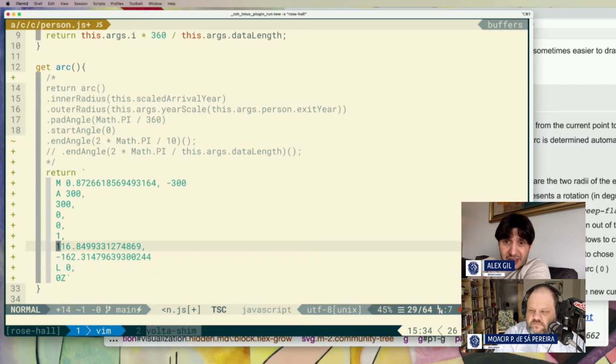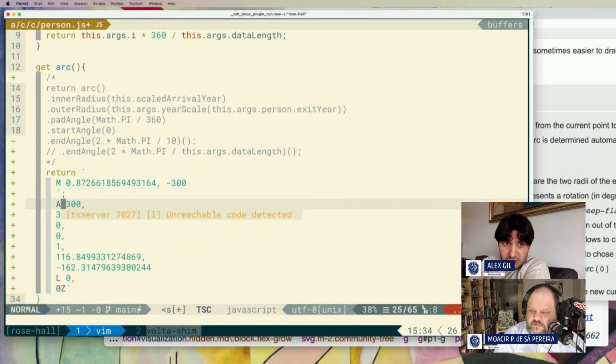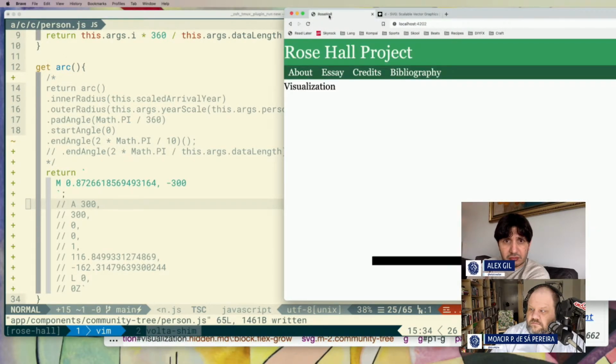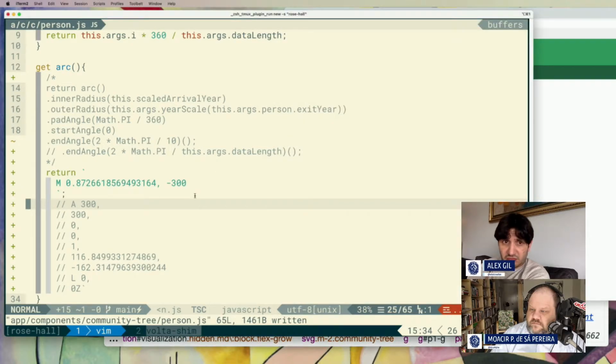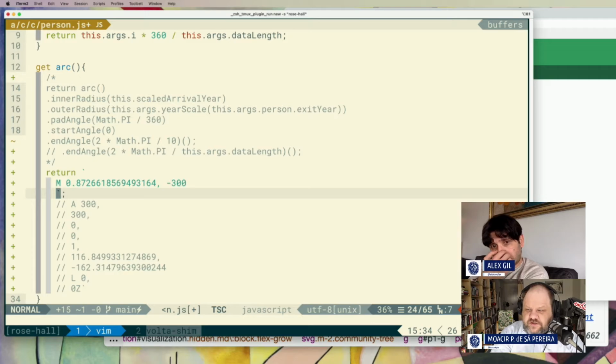Yeah, just comment everything else just to see if the M is just doing something. It's not? No. Okay. All right. I understand my little conceptual hiccup here.